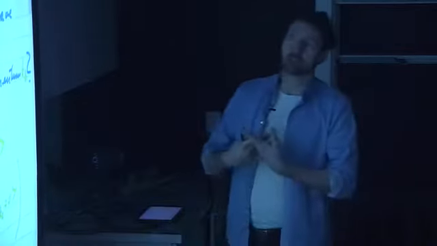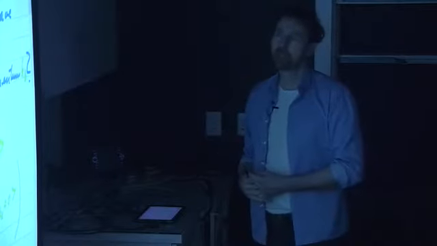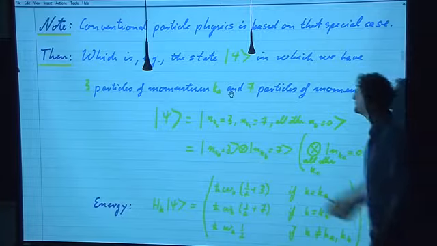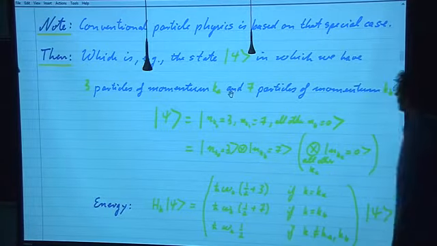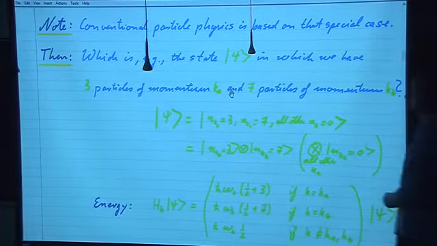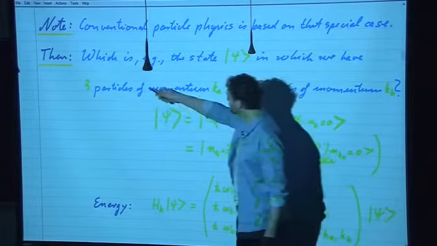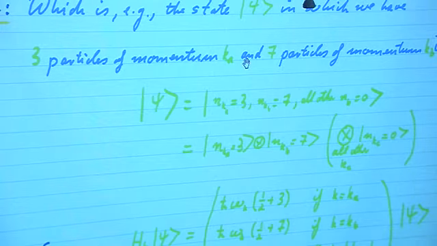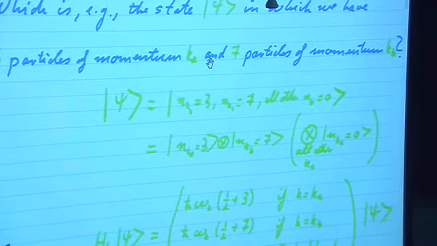So in this case then, what, for example, is the state psi of a quantum field in which we have, just to give an example, three particles of momentum Ka and 7 particles of momentum Kb? How would we write down that state?